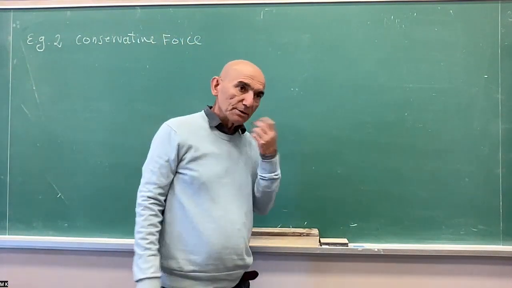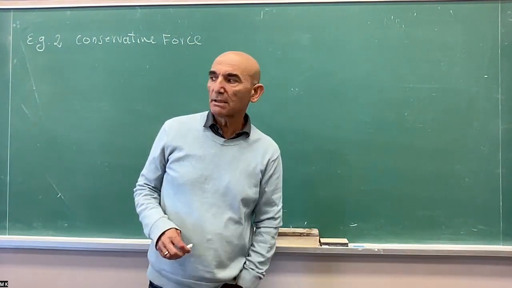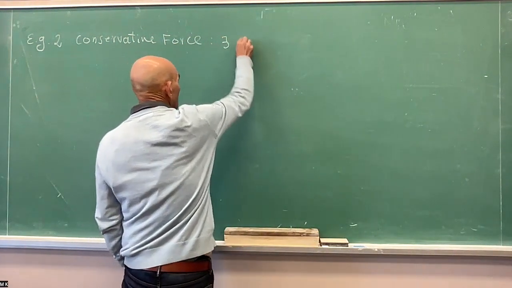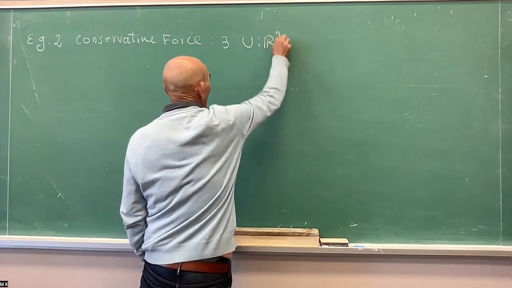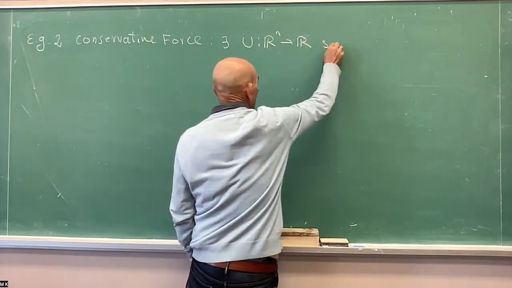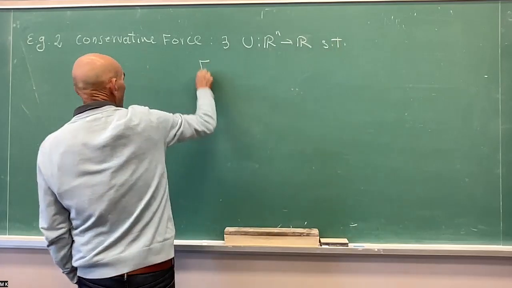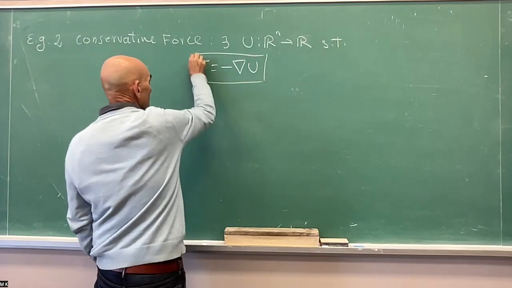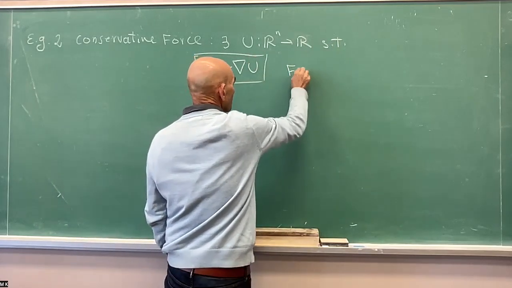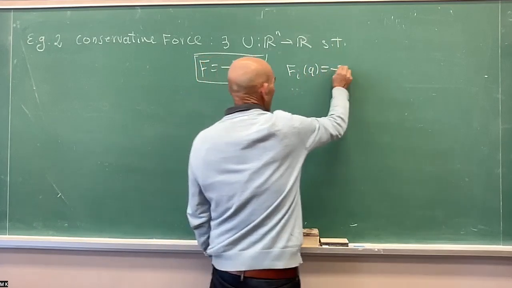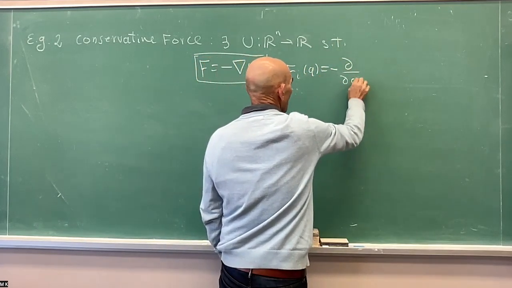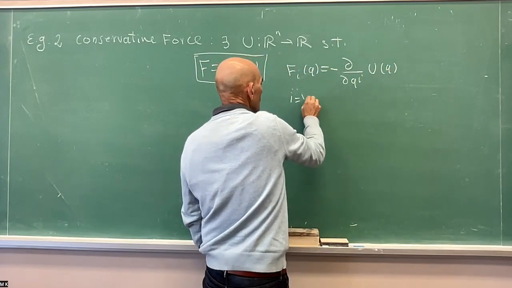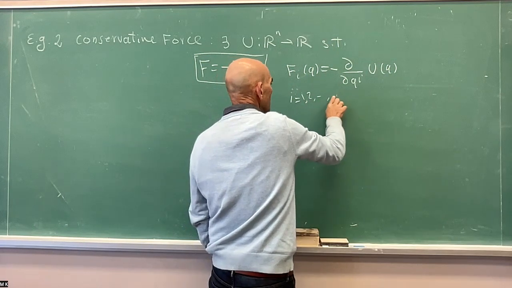A conservative force is a force that depends only on position, and there exists a function U from R^n to R such that F is equal to the negative gradient of U. In other words, we know that F_i of q is equal to negative dU/dq_i of q, for i equal to 1 to n.